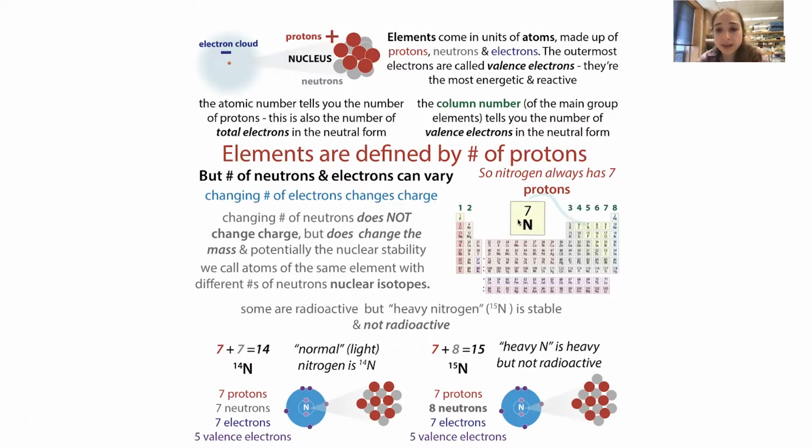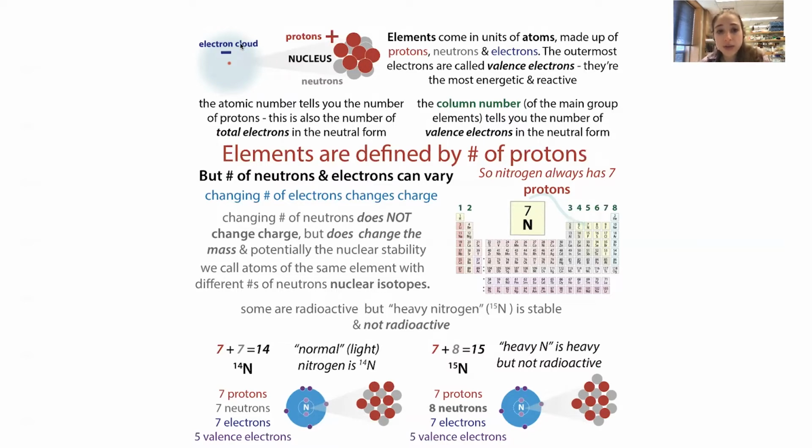Different elements, so nitrogen, carbon, hydrogen, etc., are defined by the number of protons they have. But the number of electrons and the number of neutrons can vary. If you change the number of electrons, you're going to change the charge. This is how we can get anions and cations, so charged molecules, if they have an imbalance of electrons and protons, because they're equal but oppositely charged.